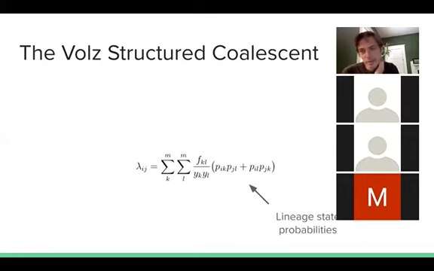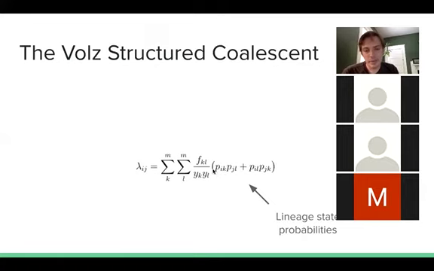And then finally, we have to consider that we don't actually know where these individual lineages are going backwards through time. We can only track where these lineages are probabilistically. So we have to take into account that this pair of lineages can be in different populations.